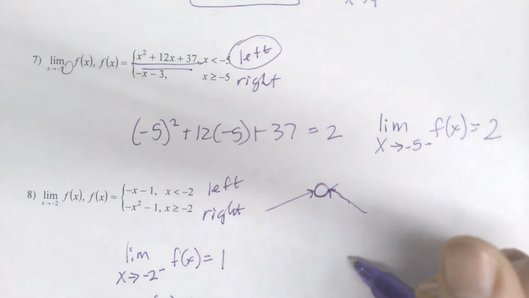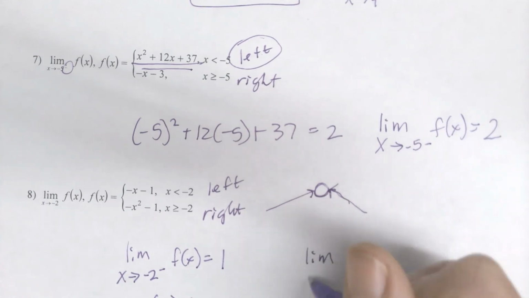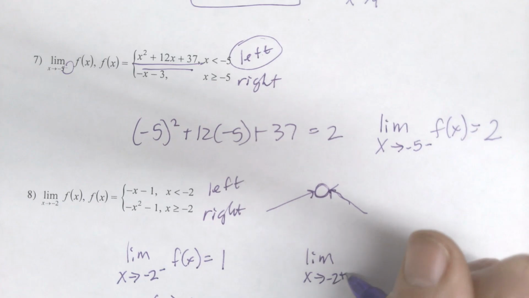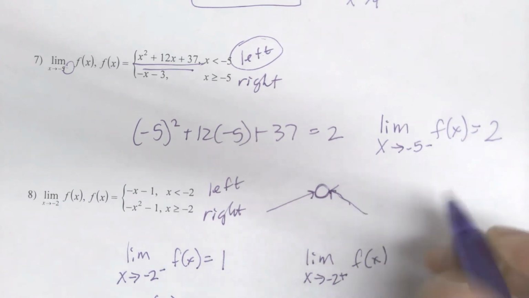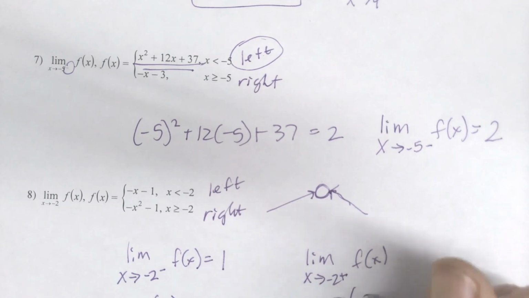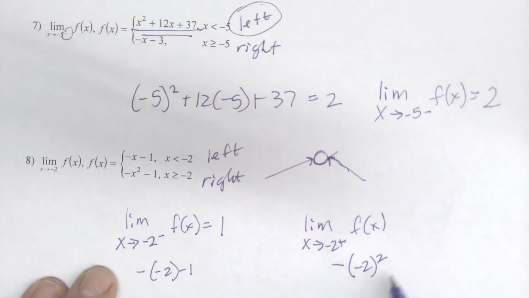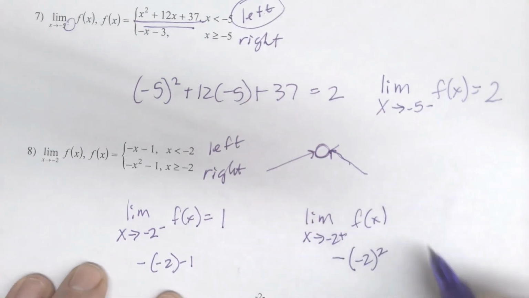I need to compare that to the right-hand portion. So the limit as x approaches -2 on the right of this function, again, goes into the right-hand portion. That's the opposite of -2 squared, because I'm interested in -2. The opposite of -2 squared, and then minus 1.